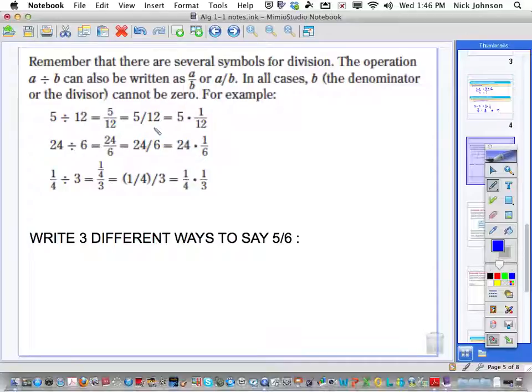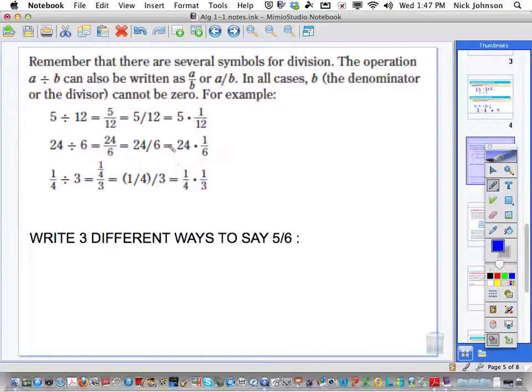It is undefined when dividing by 0. So for an example, they have 5 divided by 12, which is the same thing as saying 5 over 12, which is saying the same thing as 5 backslash 12, which is saying the same thing as 5 times 1 over 12. So on and so forth.